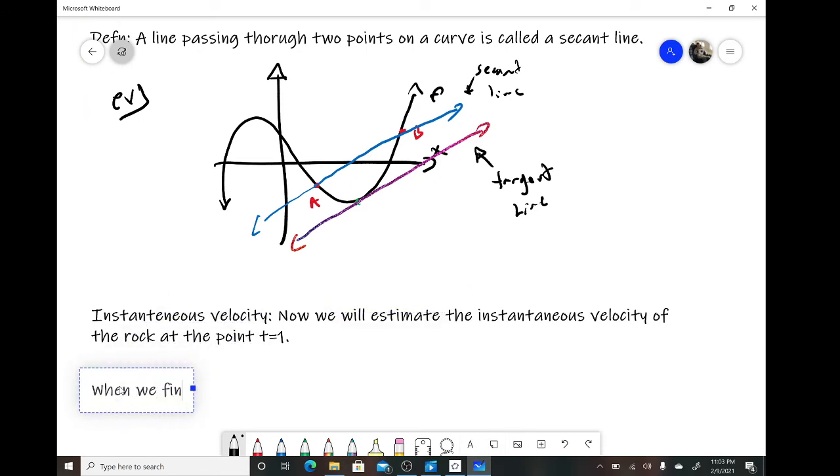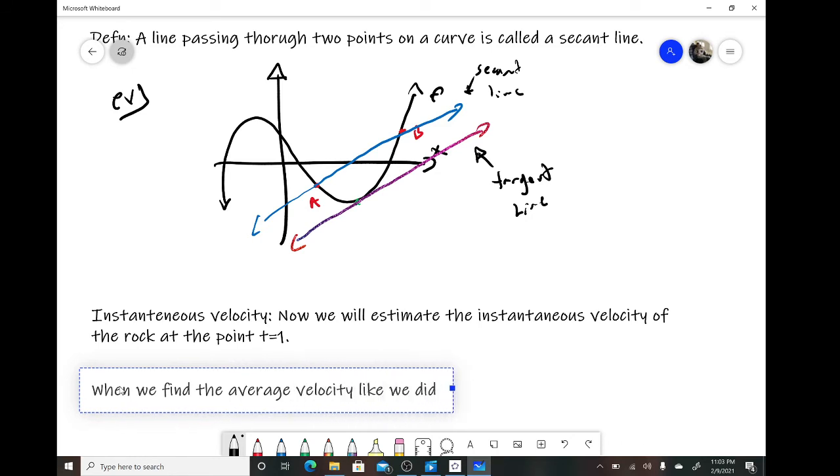When we find the average velocity, like we did in the first example, we use 2 points, or 2 ordered pairs.